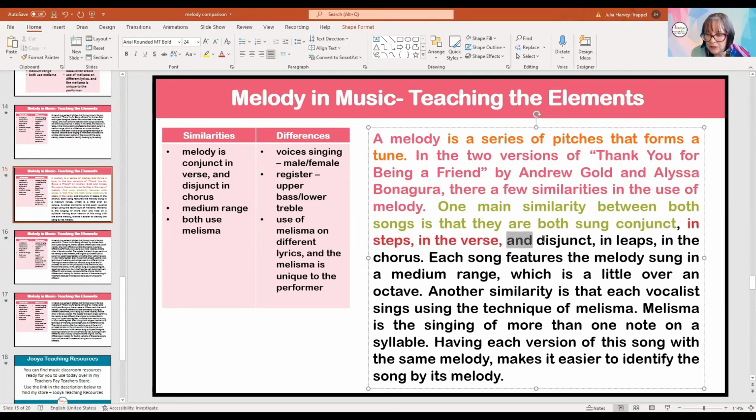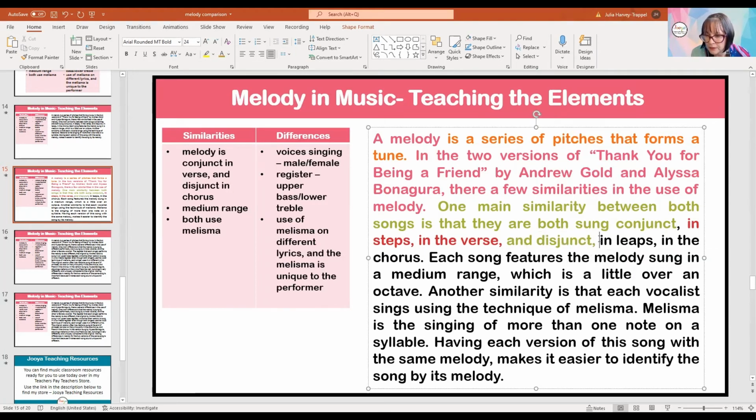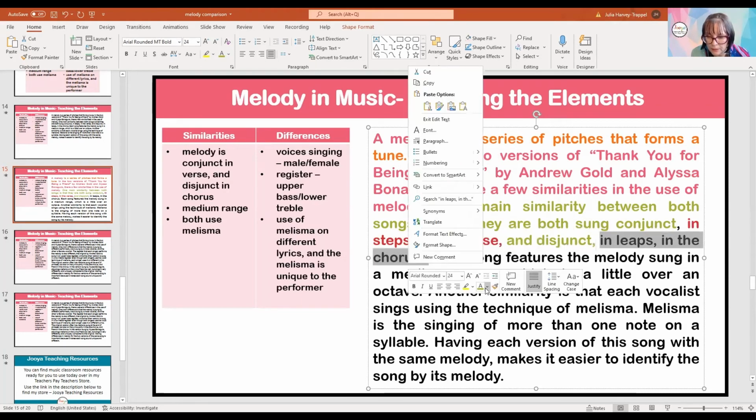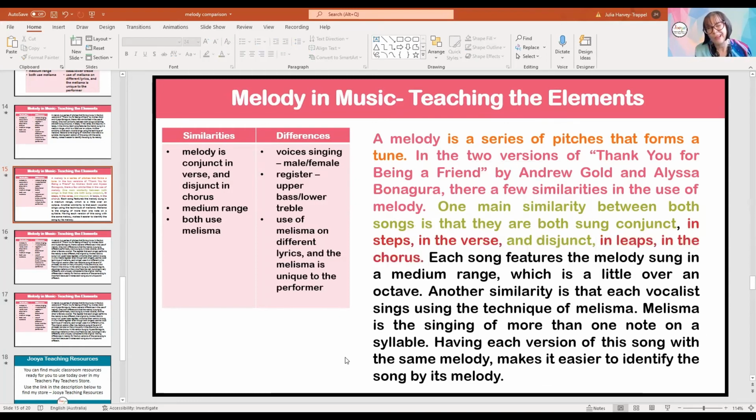And then it says it's disjunct in leaps. Disjunct, sorry, that is another specific sample. And then in leaps in the chorus. So again, that is just saying when that is all happening. Because you could just say, oh yeah, it's conjunct and disjunct. Yeah, but when, where, how? Give me some more information.